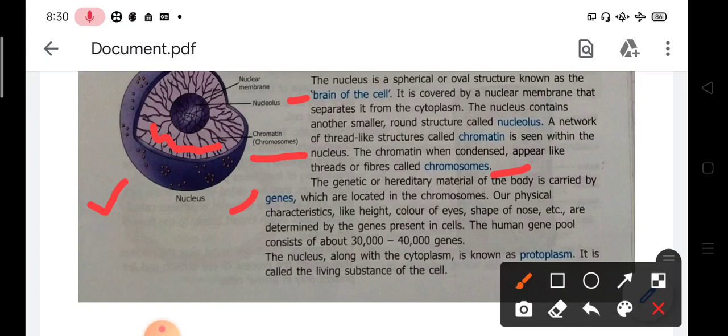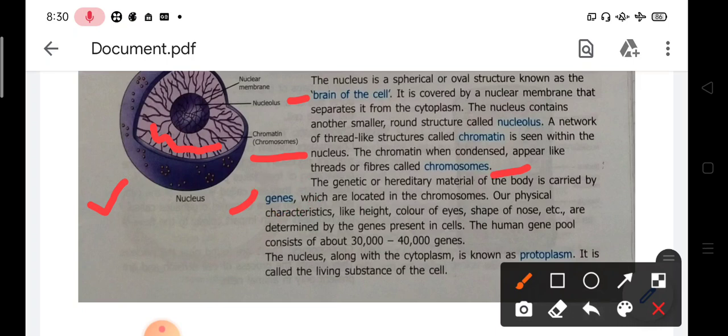That means our physical characters, our structure, body height, skin color, eye color, hair color, everything which makes us resemble our parents, mother or father, is just because of the presence of genes, because these genes are transferred from our parents. Okay, and these genes are located on chromosomes.